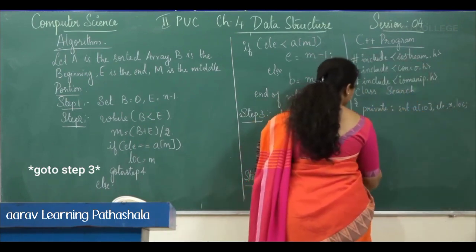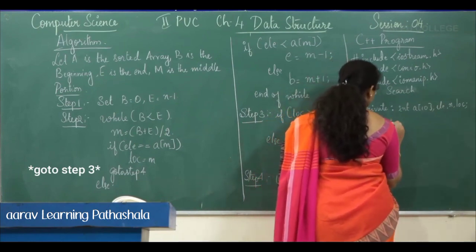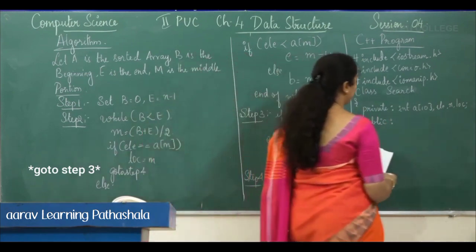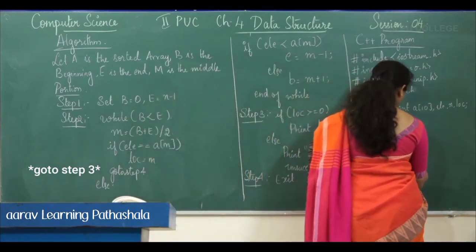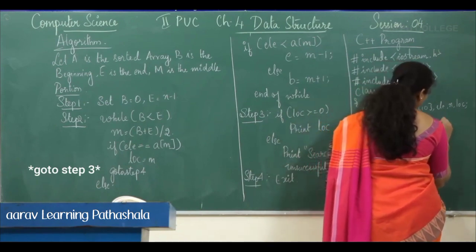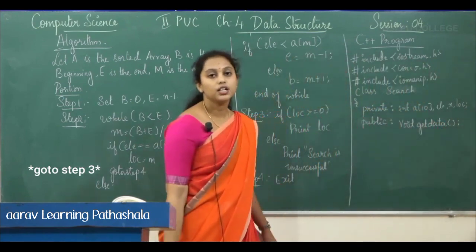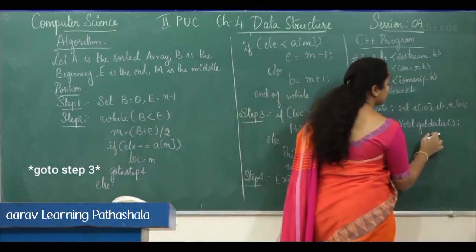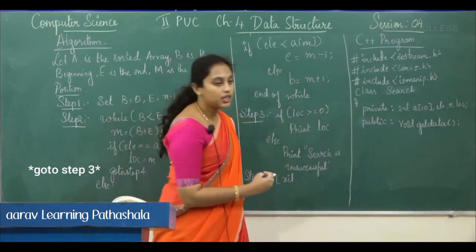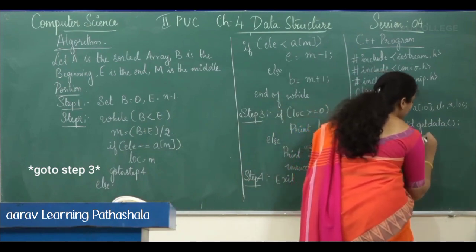In the public section, declare the functions. Void get data. Get data function is used to accept the data from the user. Next is void put data.